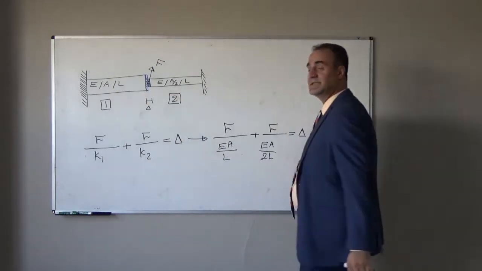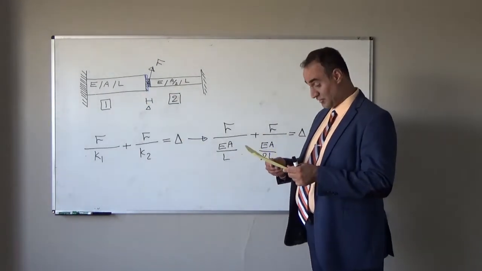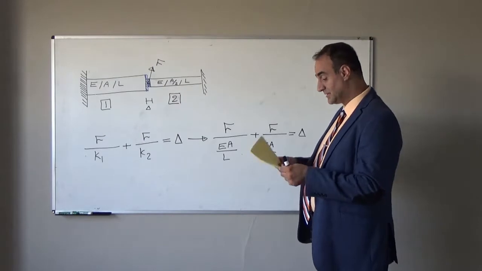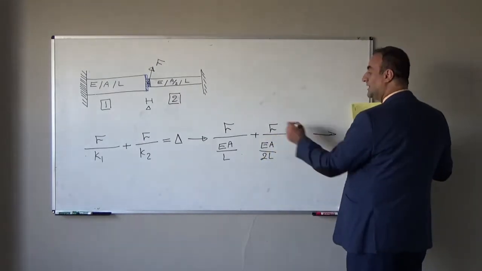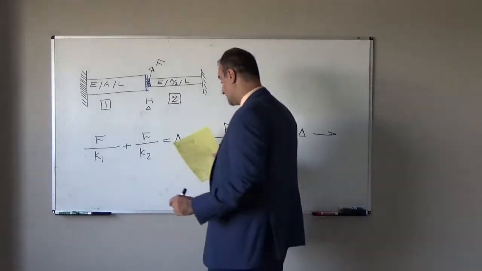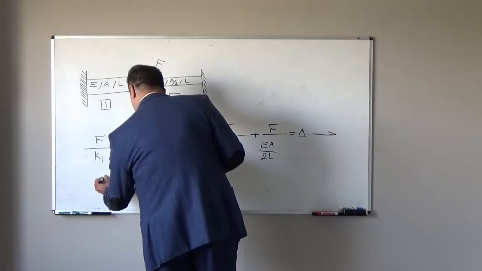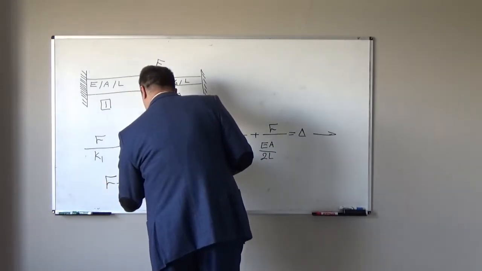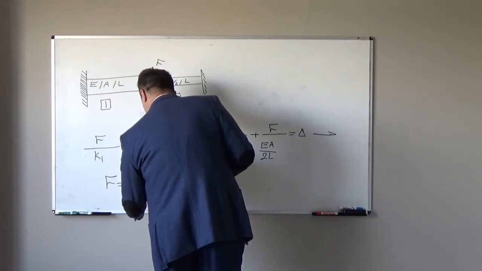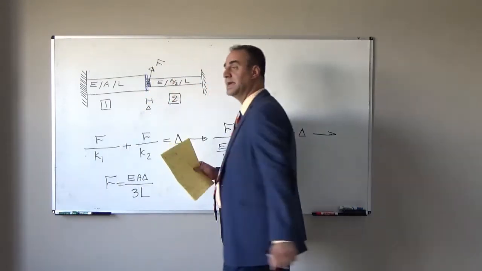Delta is the initial gap, which is known. From here, we have one equation, one unknown. We can find F. F should be equal to E A delta divided by 3L.